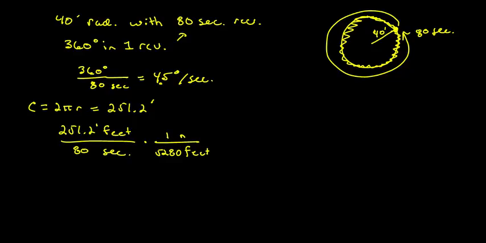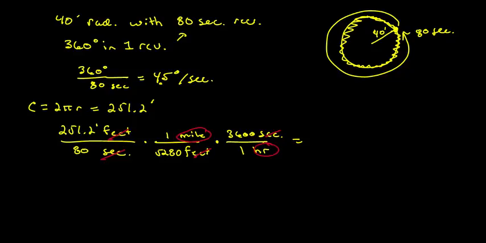So that is 1 mile. Now we've got miles on the top, so we need miles per hour. So we know there are 3,600 seconds in 1 hour. Okay. Now notice that the seconds cancel out, the feet cancel out, and I'm left with miles per hour.